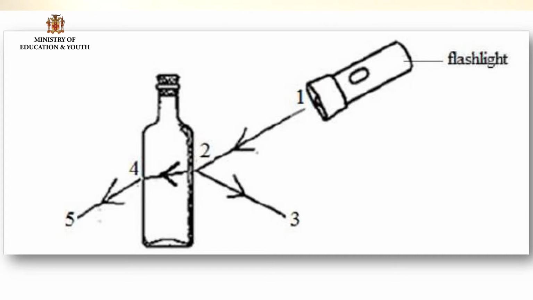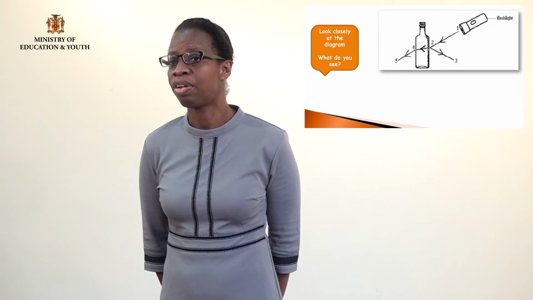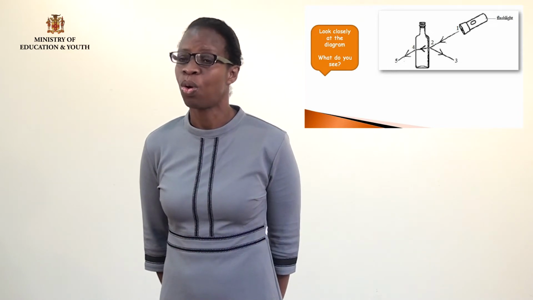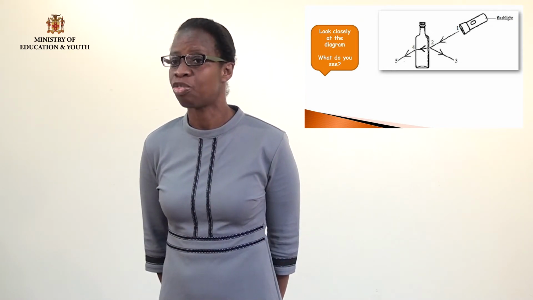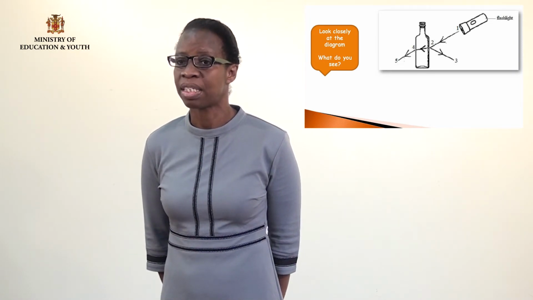All right, if it continues on from 1 to 2 and continues to 4, passes through the bottle, notice what happens to the light ray as well. So by now, you should be able to identify where the light ray is being reflected, where it is being bent, that is refracted, and of course, as it passes through the bottle from 4 to 5, we note what is happening to the ray.